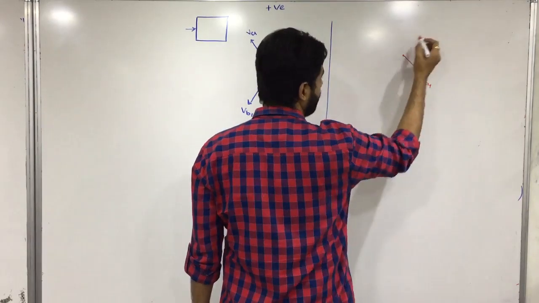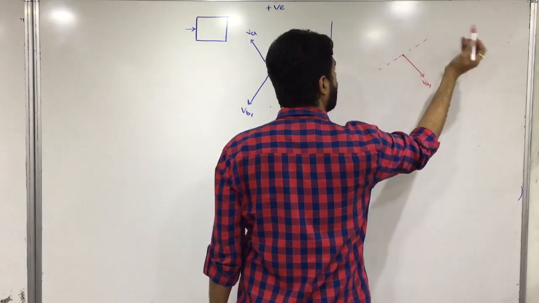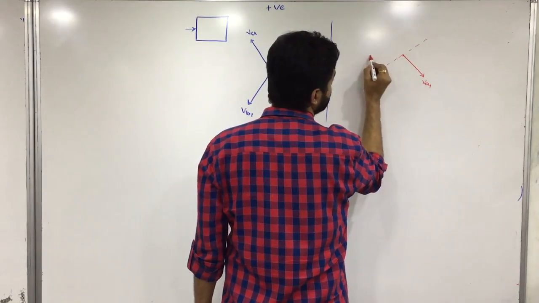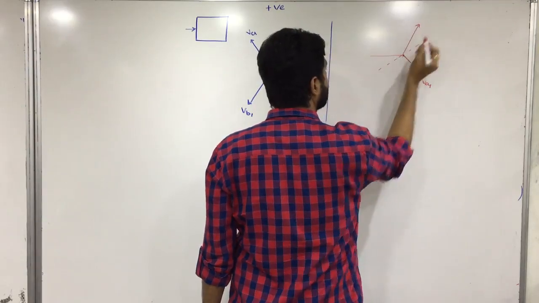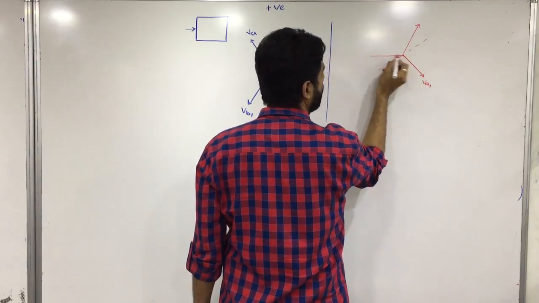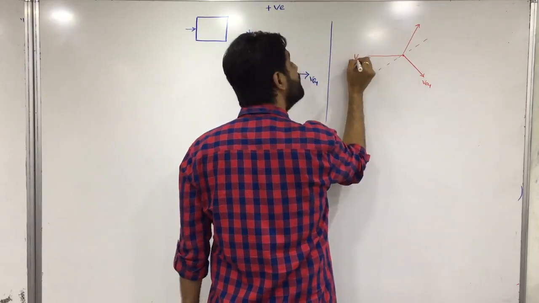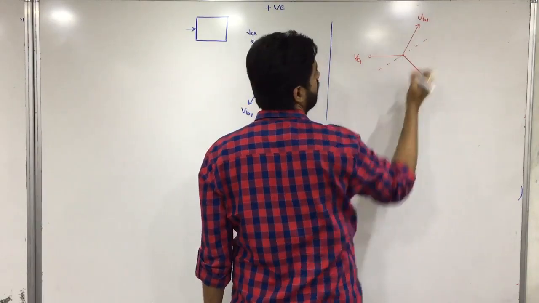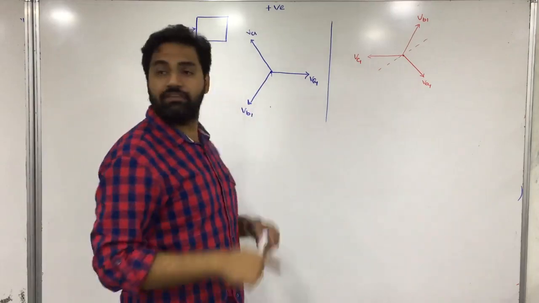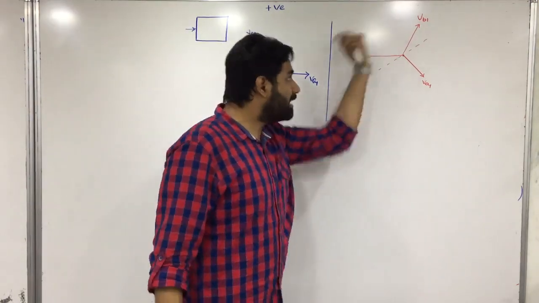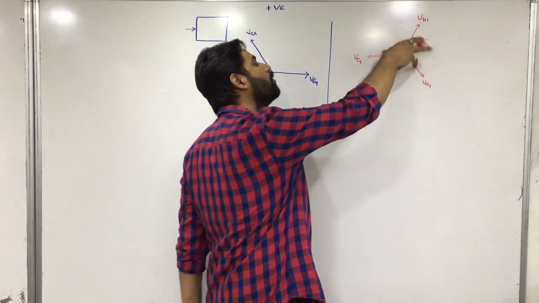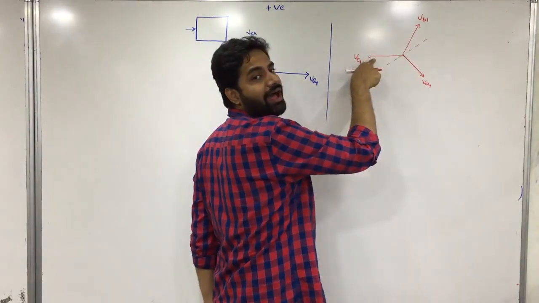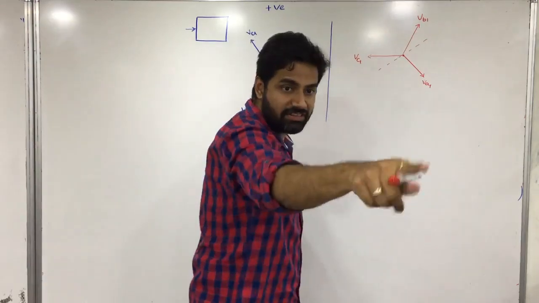VA1, this is VC1 and this is VB1. Fine. So sequence मेरा रिवर्स हो गया. A के बाद C, C के बाद B. ऐसा हो गया कि नहीं हो गया? पता चला कि नहीं पता चला? Vectors are rotating in anti-clockwise direction. A के बाद कौन आया? C. C के बाद कौन आया? B. पता चला कि नहीं पता चला?